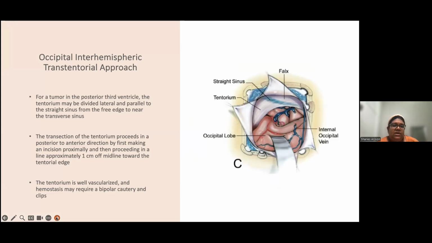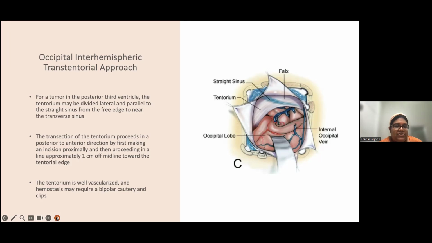For a tumor in the posterior third ventricle, the tentorium may be divided lateral and parallel to the straight sinus from the free edge to near the transverse sinus.